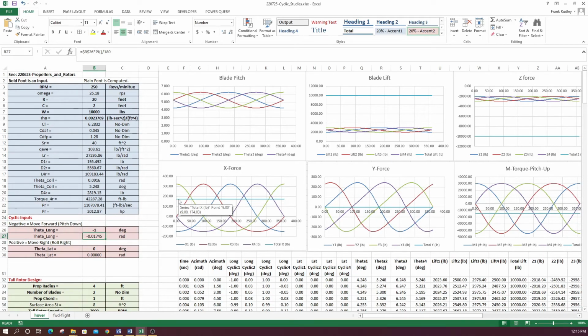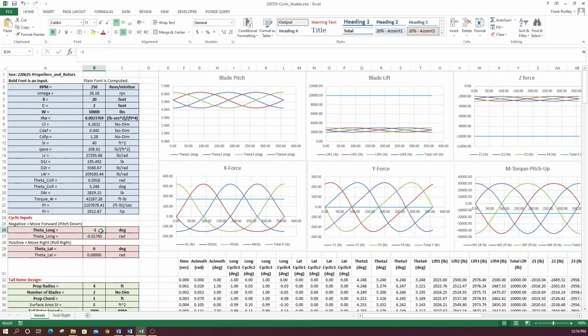So if I put in 1 degree of longitudinal cyclic input, that generates 174 pounds of forward motion. In a hover the drag would be 0, but in forward flight I might not be able to overcome the drag. That's the thing you want to check to see if it's a feasible design or not.